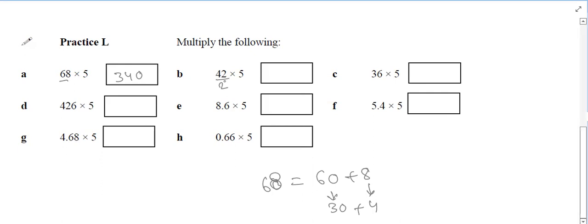Sir, 20. And 2 half is 1, so 21. Yeah, it is 21. And then? 210. Simply keeping 0 is enough. Yes, 210.